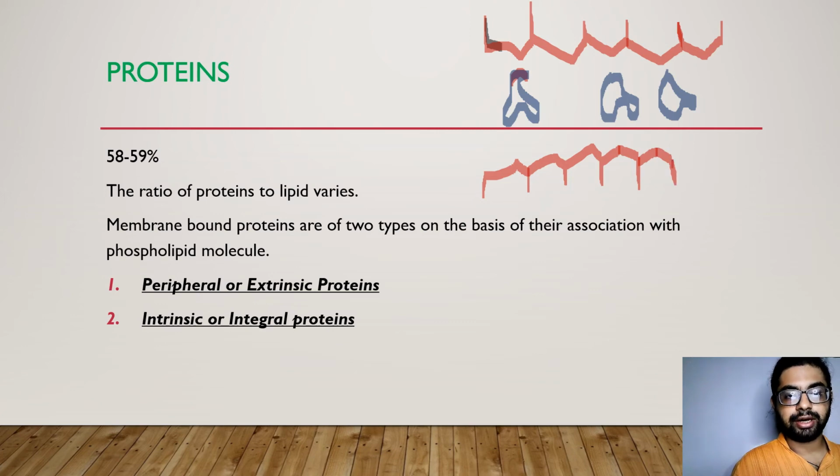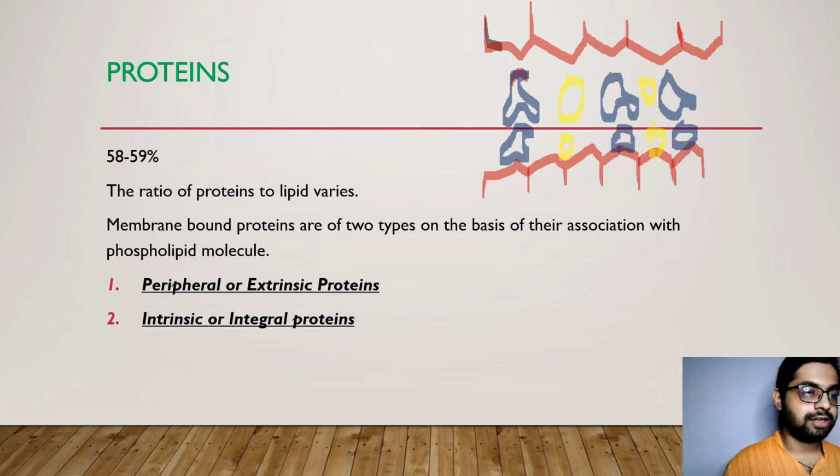It has two layers, and this is also a phospholipid, and between these phospholipids we have the cholesterol molecules, right? This is the basic configuration. So proteins, these red ones, account for 58 to 59%, and the ratio of proteins to lipid varies from cell to cell.